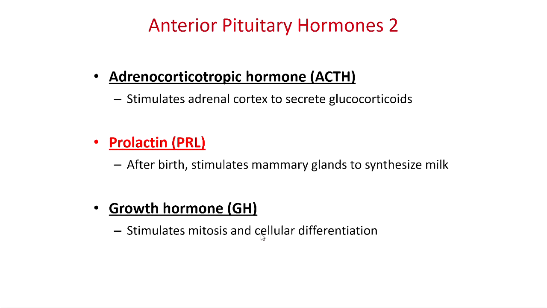As we look at ACTH, adrenocorticotropic hormone, ACTH is going to travel from the anterior pituitary gland and go to the adrenal cortex. So as we look at this phrase, adrenocorticotropic hormone, adrenal means for the adrenal glands. Where in the adrenal glands? It goes to the adrenal cortex, and tropic is a term we haven't talked about yet.